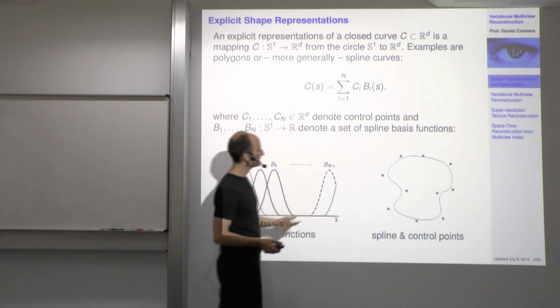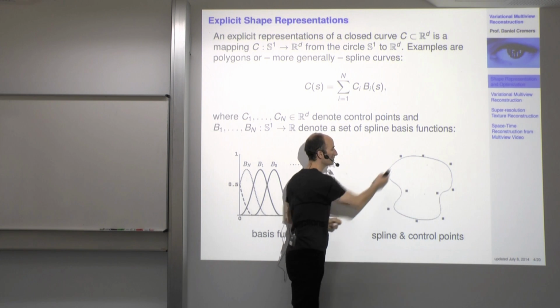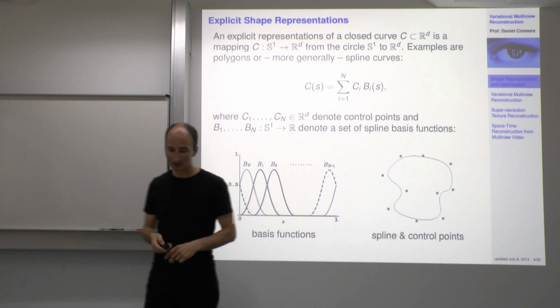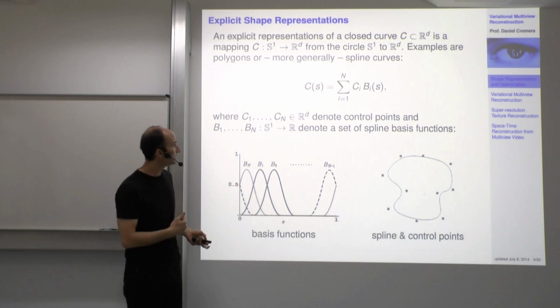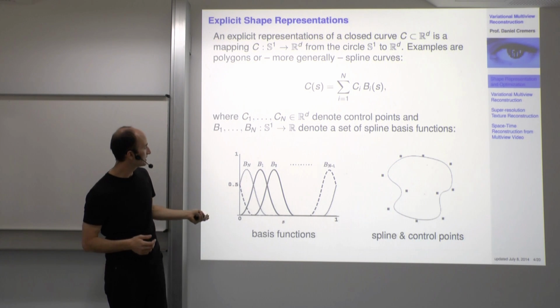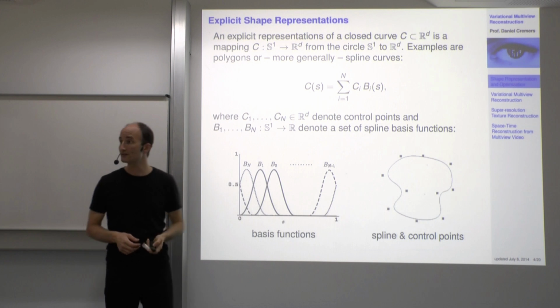And the way you can see it, I mentioned it last time, is if you wiggle a little bit on this control point, it perturbs the curve in that area. In a certain area, that is, and the area where the control point affects the curve is defined by the corresponding basis function.